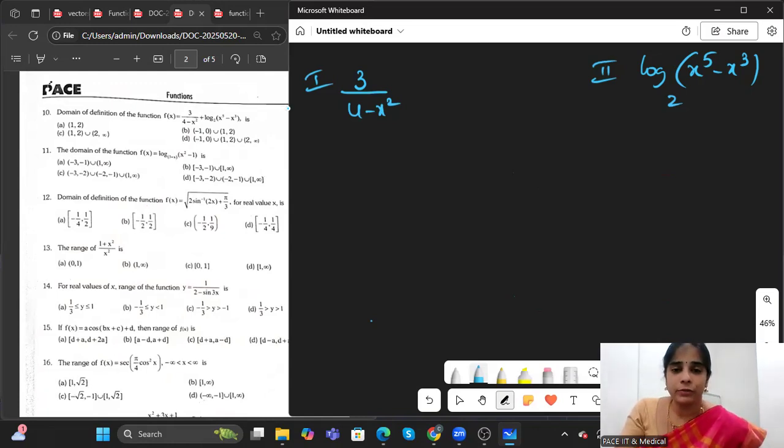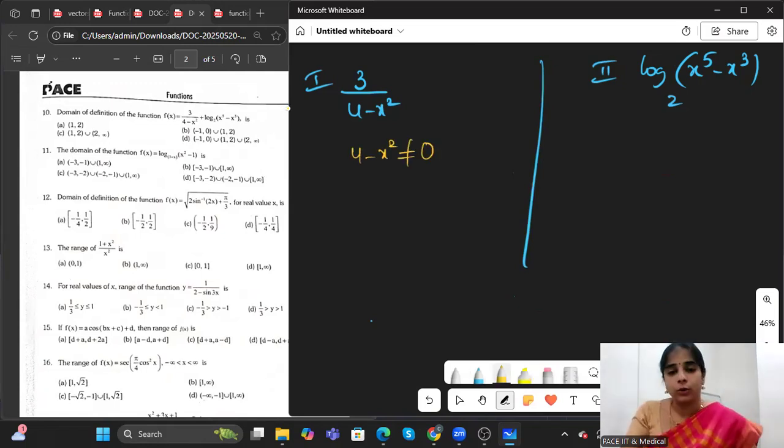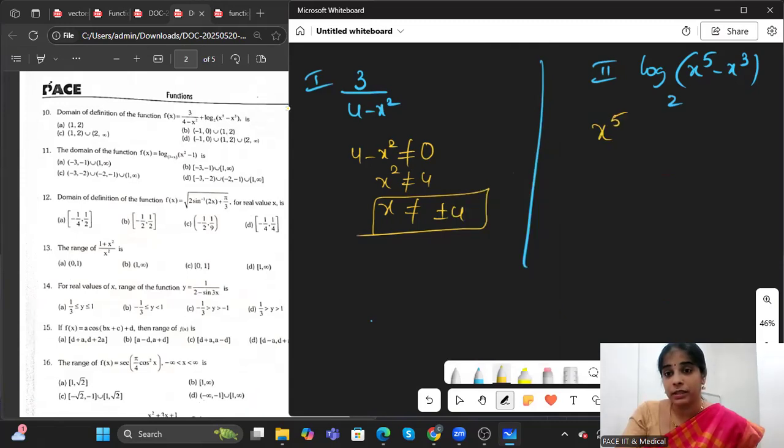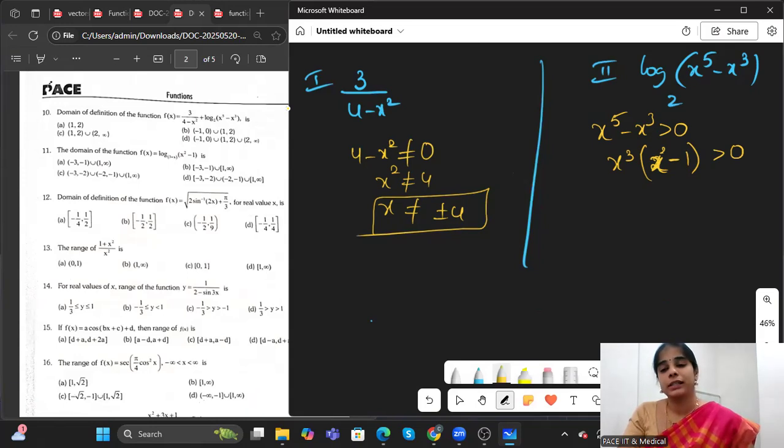Now as I'm having 4 minus x square in my denominator, it can never be 0. Hence I will take 4 minus x square not equal to 0, which is x square not equal to 4, which is x not equal to plus or minus 2 from this set. Now coming here, my argument should always be greater than 0. So x power 5 minus x cube should be greater than 0. Taking x cube common, x square minus 1 is greater than 0.